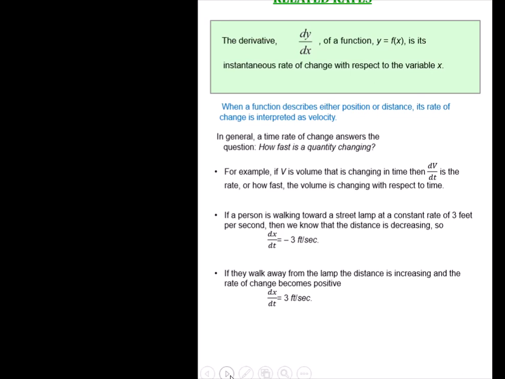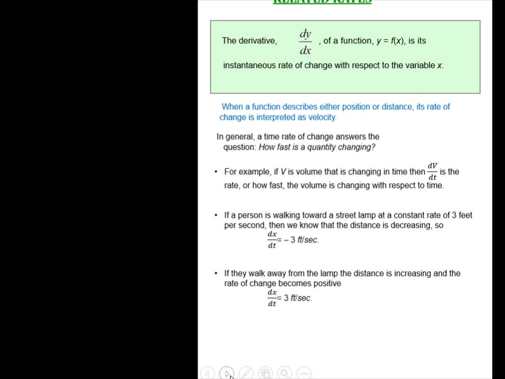Now, in this case, since they're walking towards the lamp, the distance is decreasing. So although that rate is 3, mathematically we call it negative 3, because x is a decreasing function, and so its slope and its derivative would be negative. So we call that negative 3 feet per second.